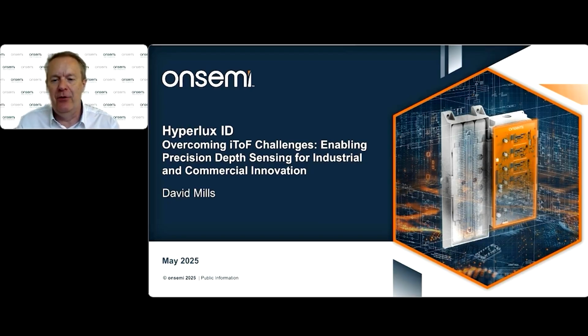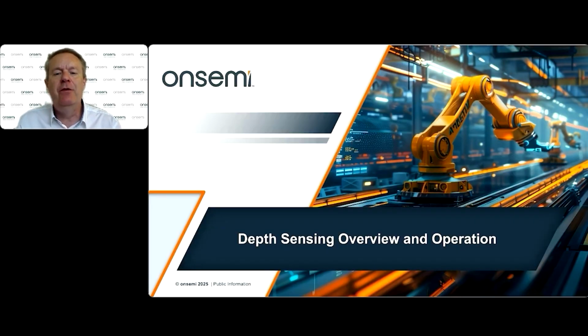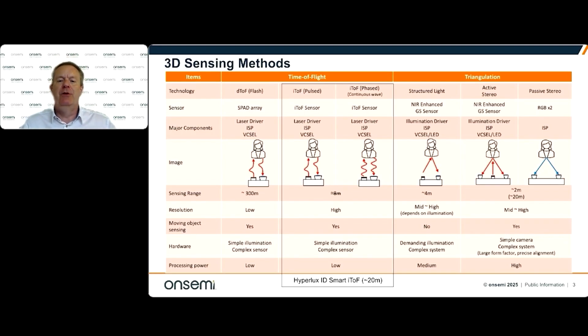Okay, let's move through here. So, depth sensing overview and operation. There's a lot in this slide, but this talks about the various 3D sensing methods that can be used for 3D. And why is 3D important? It's all to do with capturing and digitizing three-dimensional shapes. That's important for many growing applications I'll come on to later.